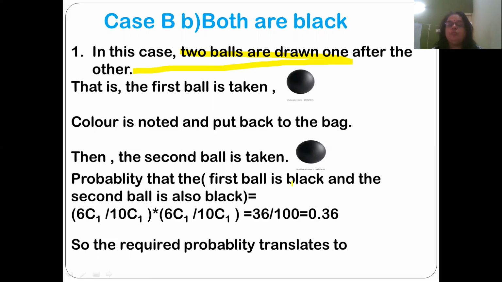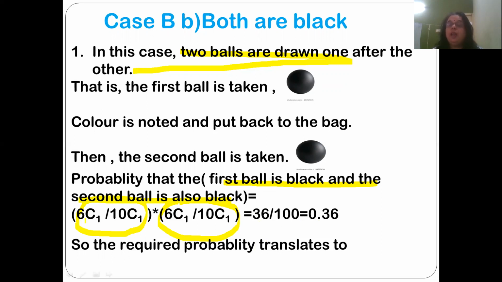The probability that the first ball is black and the second ball is also black is equivalent to 6C1 by 10C1 into 6C1 by 10C1, that is 36 by 100. Why 6C1? One black ball has to be selected from 6 black balls. So therefore, it is 6C1 by 10C1.